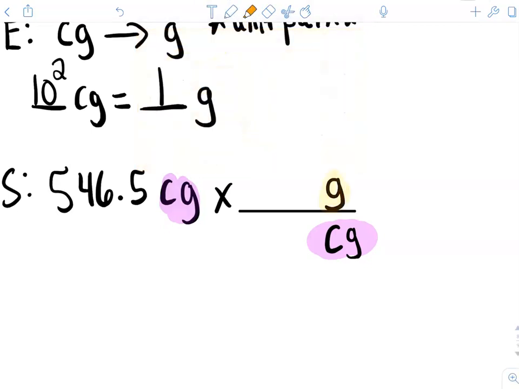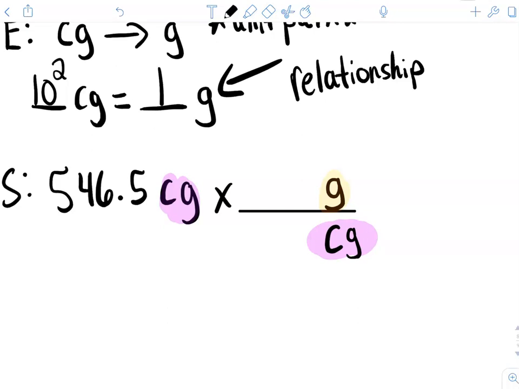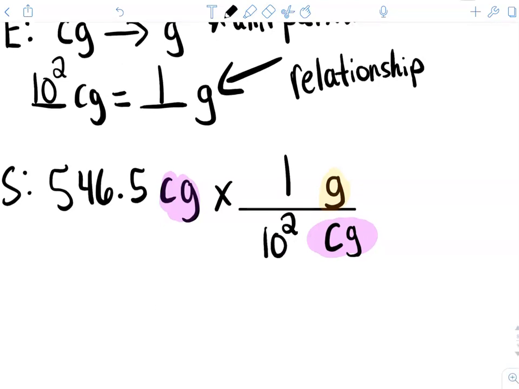And now what I'm going to do is I'm going to plug in the numbers from this relationship. So what I mean by that is if 1 was with the gram in my relationship, 1 is with my gram in this fraction. 10 to the second was with centigrams in my relationship. It stays with it in my fraction. Okay?